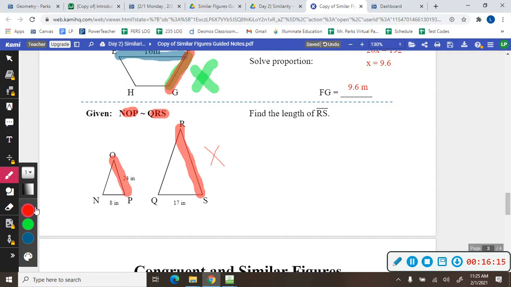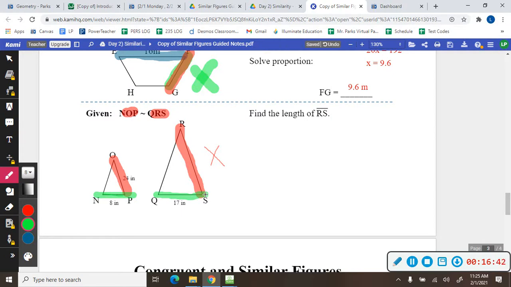And then they also tell me that NP, the first to the last, is proportional to the first to the last. So NP is proportional to QS.